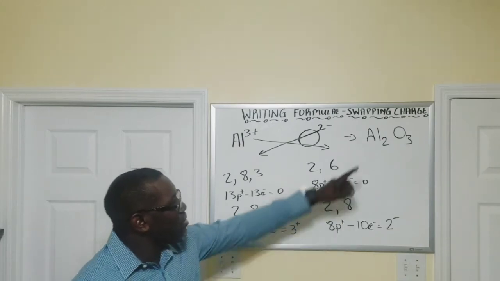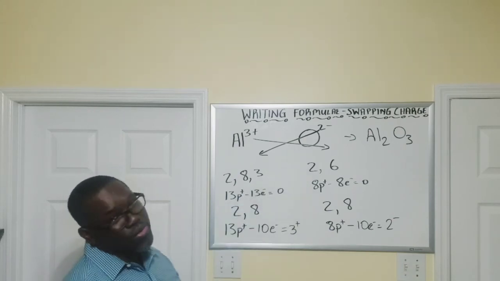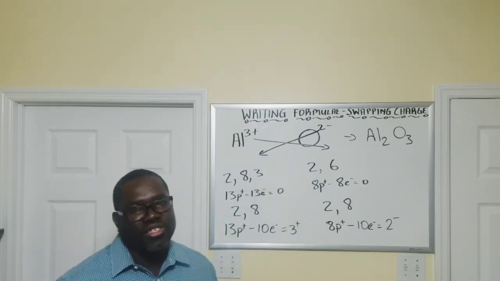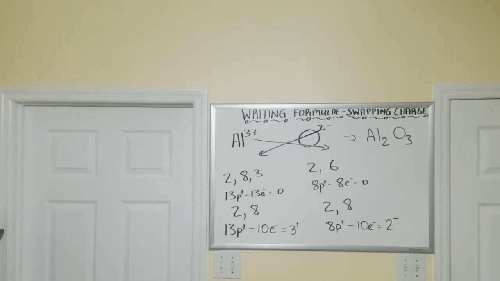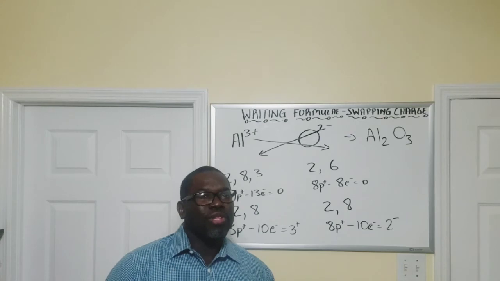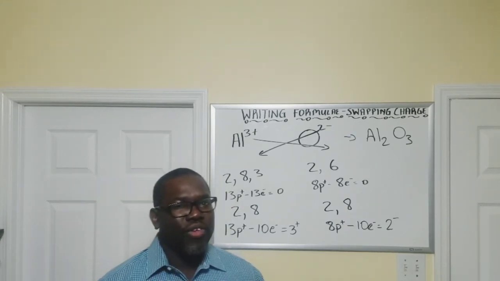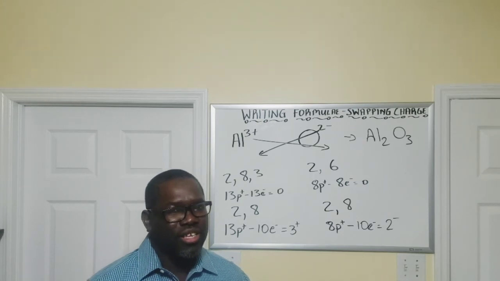And that here is the formula of aluminium oxide. And there you have it, swapping the charges. So that's how you swap the charges to write the formula of a species. It's as easy as 1, 2, 3, A, B, C, you know.